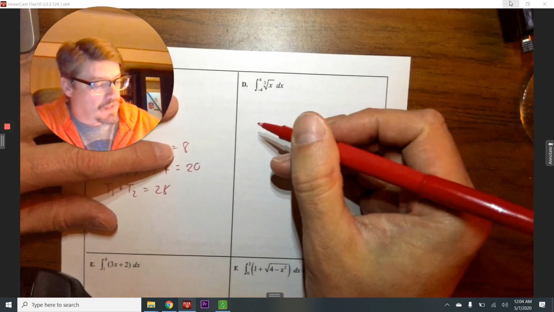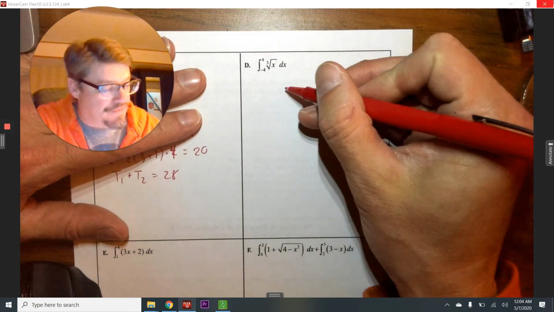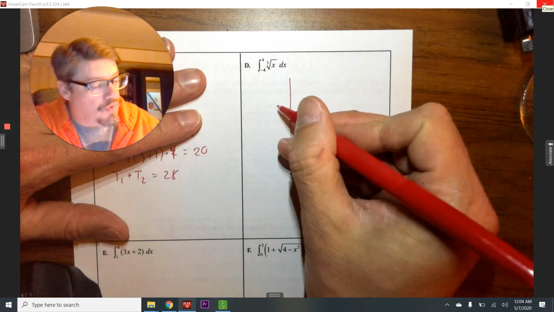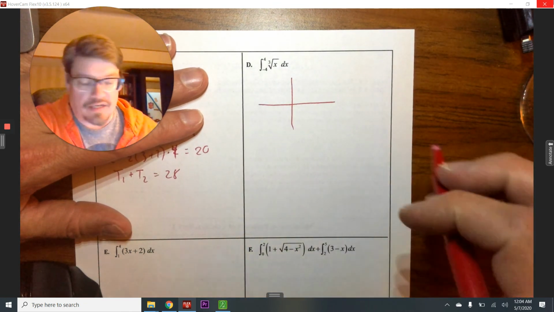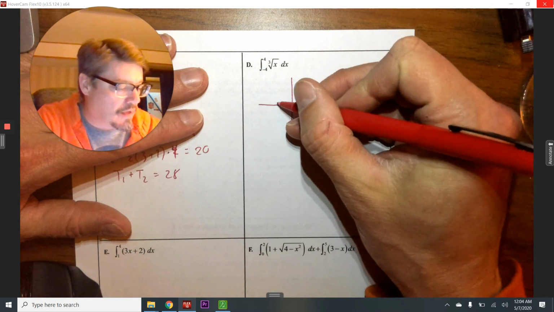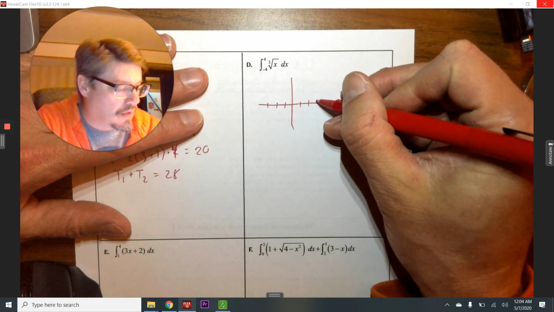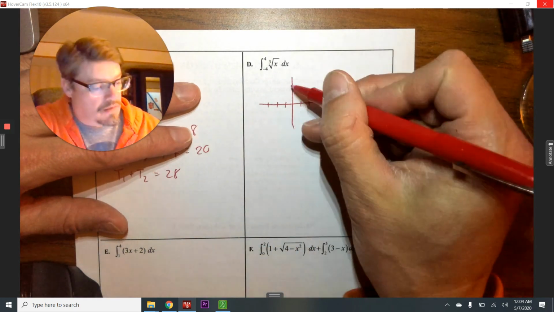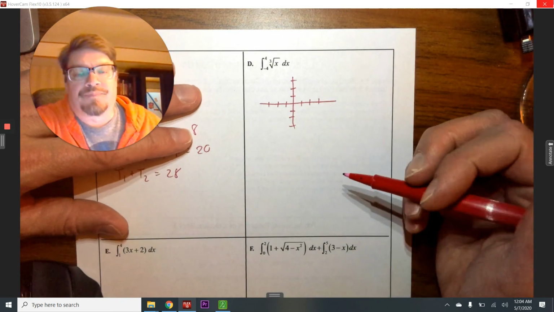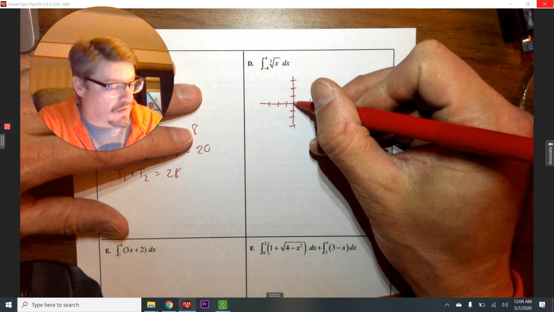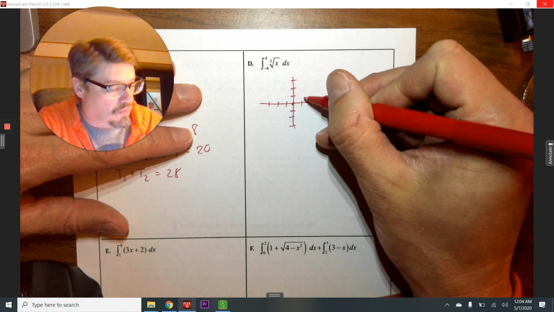Now we have the cube root. I hope you remember the cube root from all the families of functions that we studied in pre-calc. Cube root of 0 is 0. Cube root of 1 is 1.